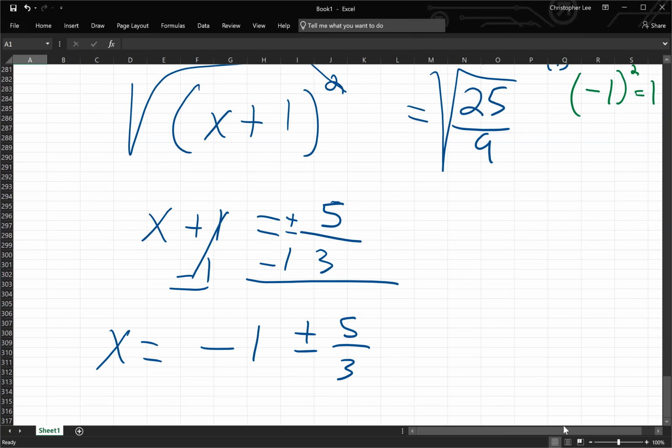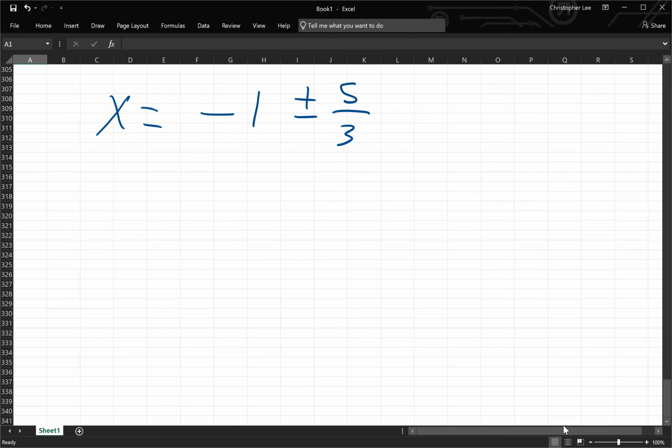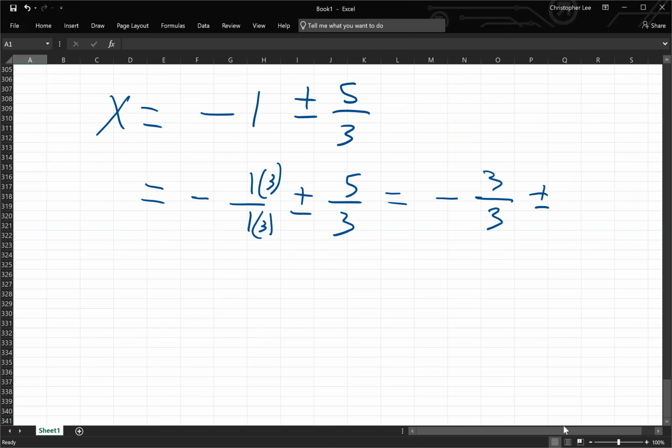Now, in order for me to put this together, it's negative 1 over 1 plus or minus 5 over 3. This has to be multiplied by 3, so this equals negative 3 over 3 plus or minus 5 over 3. And we're going to have two answers from there.